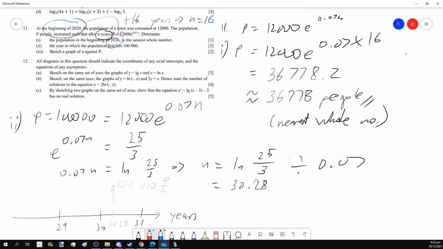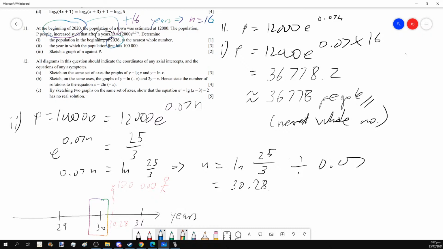So what happens if I round the answer to the nearest year? It will give me 30. And at 30, on this timeline, we have not reached the zigzag line yet. We have not reached 100,000 human beings. Which means that we're just wrong.